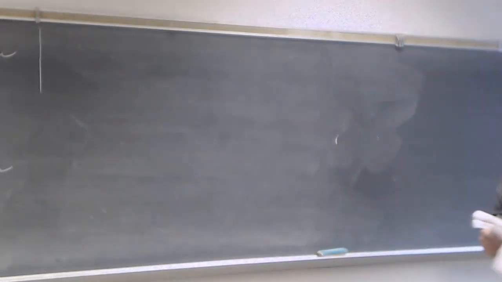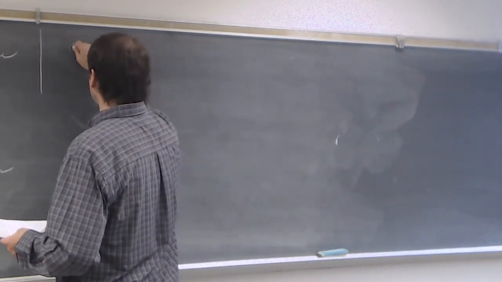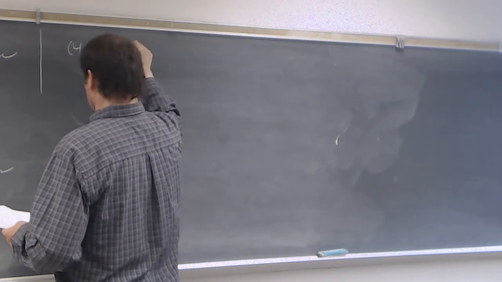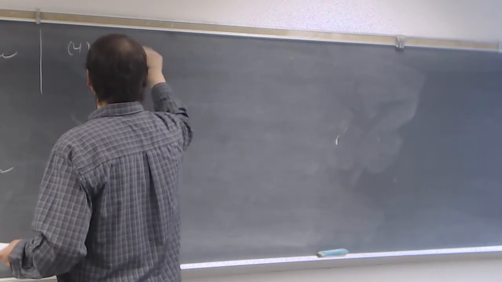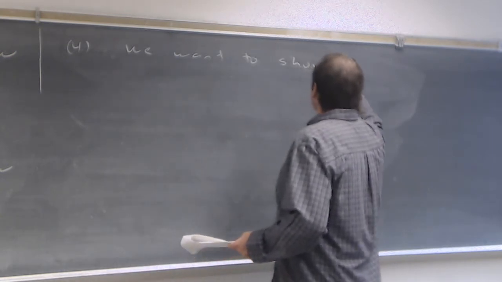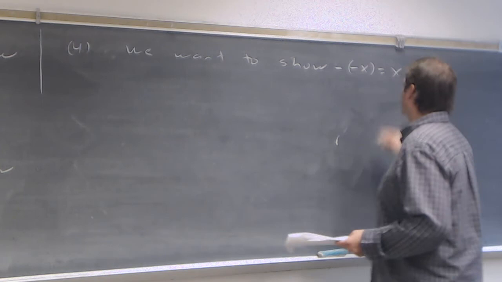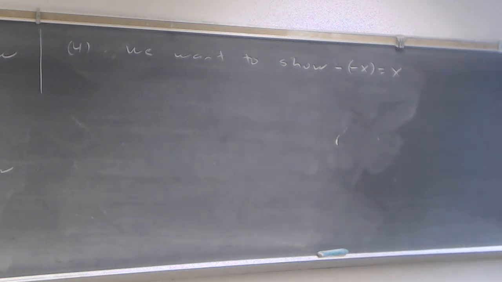So the next thing we want to do is the fourth property, and that is we want to show that minus a minus x equals x. Okay. And so the way that we're going to do this is use part 3.